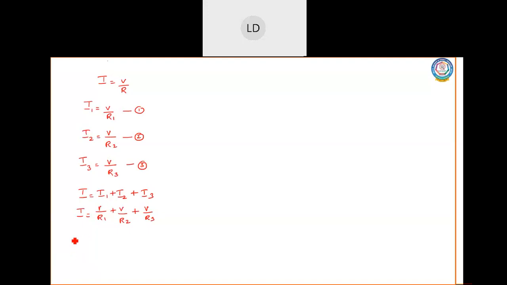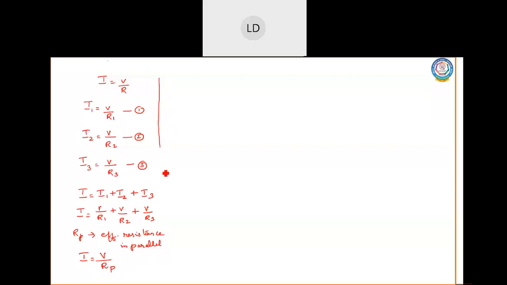Let us take that RP be the effective resistance, effective resistance in parallel. We took RS for series, so RP for parallel. So in that case, total current will be I is equal to V by RP.